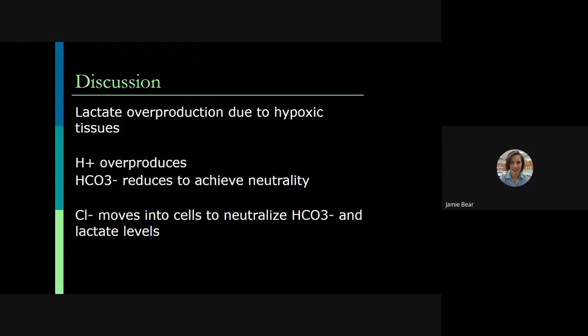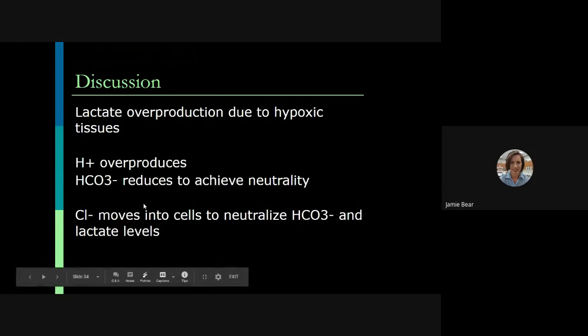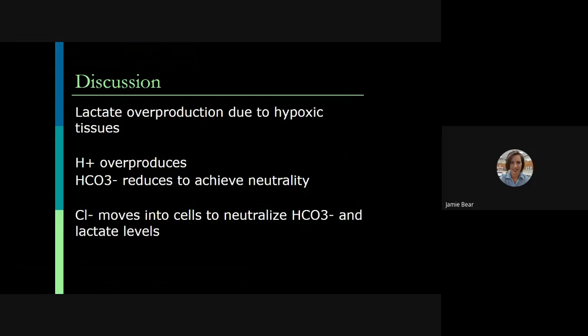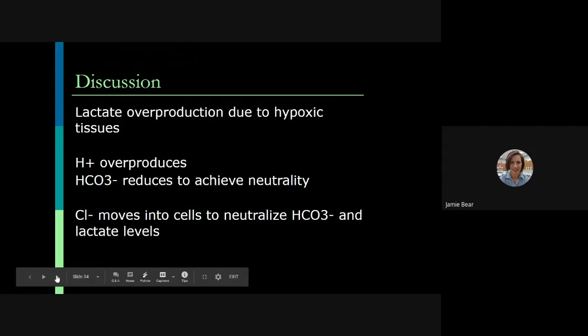Hydrogen ions were overproduced, and bicarbonate ions were reduced to achieve neutrality. The chloride moved into the cells to neutralize the bicarbonate and the lactate levels. So this is actually a common case that you guys may see in the hospital as you deal with intensive care unit patients that do experience cardiac arrest and hypoxic environments.